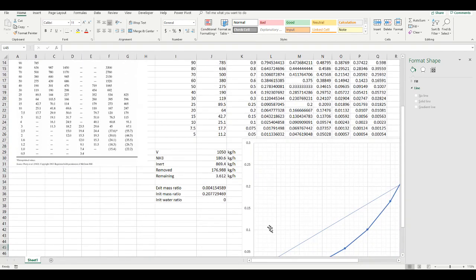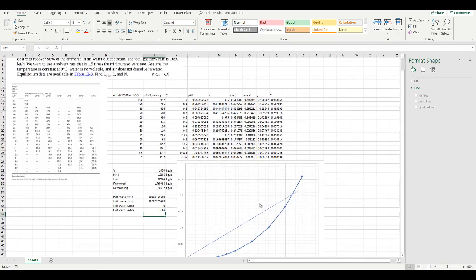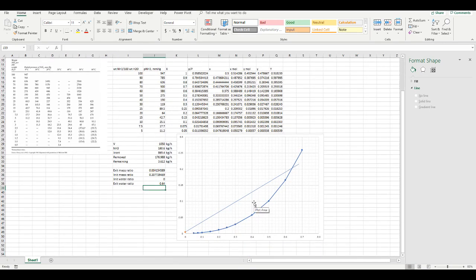So let's say that the exit water ratio is equal to 0.64. So now we know that the slope of the operating line is going to be equal to L over V. So once we calculate the slope, we can find L min.